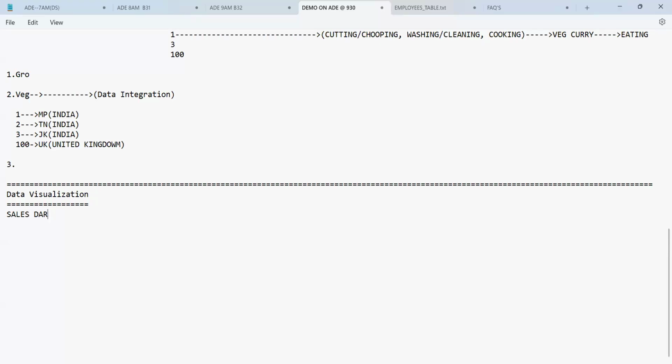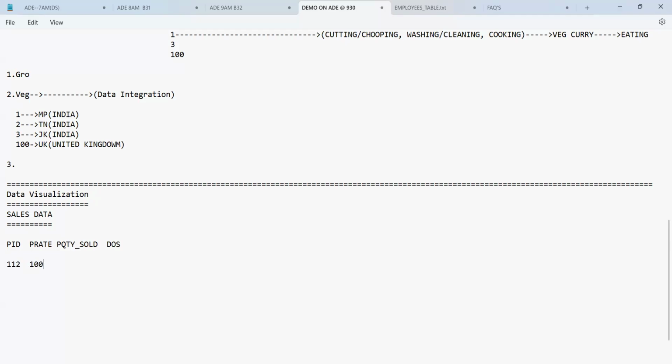Some sales data is there, and in the sales data you have the following: a product ID, a product rate, product quantity sold, and date of sales. I'm giving the product ID, something like this.